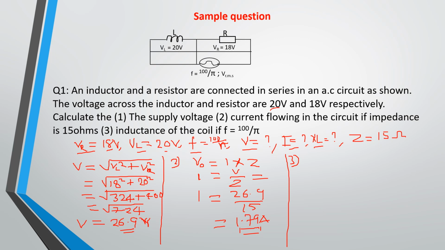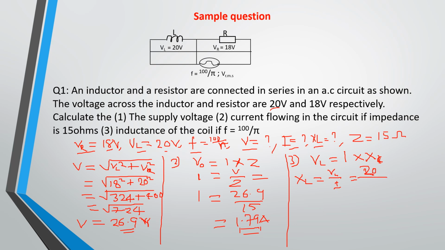So VL is equals to current times inductive reactance. So XL, which is the inductive reactance, will give you the voltage all over current. So if you substitute into this, the voltage of the inductor is 20. That is the voltage of the inductor.